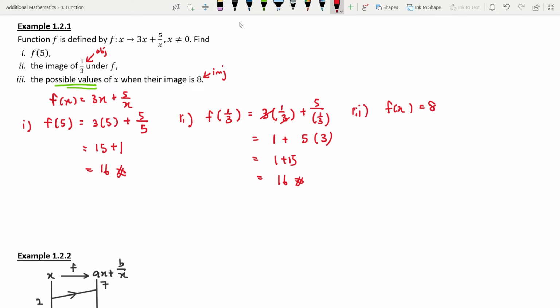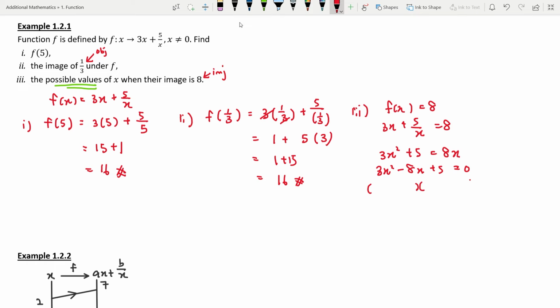What is our f of x? 3x plus 5 over x equals 8. Then we multiply the whole equation by x. We get 3x squared plus 5 equals 8x. Bring the 8x to the other side, it becomes 3x squared minus 8x plus 5 equals 0.